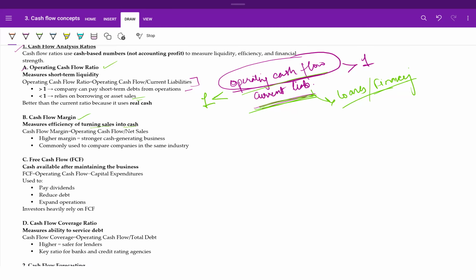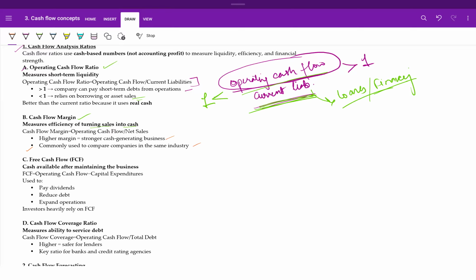A higher margin indicates a stronger cash generating business, and a lower margin suggests poor cash collection or high operating cost. This ratio is commonly used to compare companies within the same industry because it shows how efficiently different firms turn revenue into cash. In the notes section, I have also mentioned that it is commonly used to compare companies in the same industry.